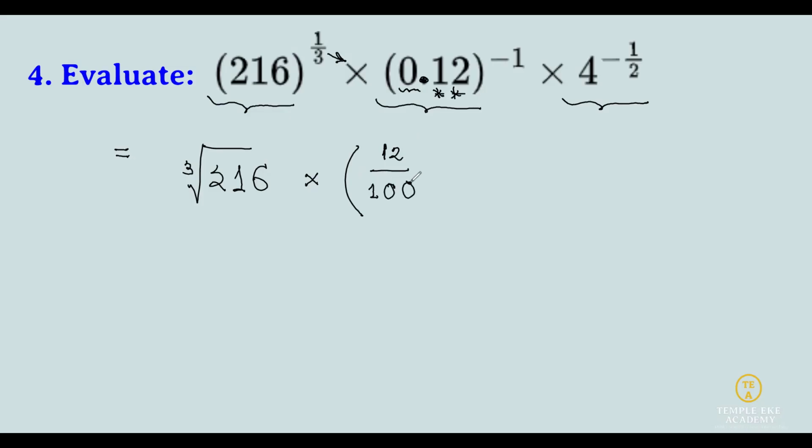That's it. That's the fractional equivalent of 0.12. Now all of this raised to power minus 1. Then multiply by, here we have negative power. Can you see that? So it means the reciprocal rule is applied here, which means 1 over ordinary 4 to the power half.